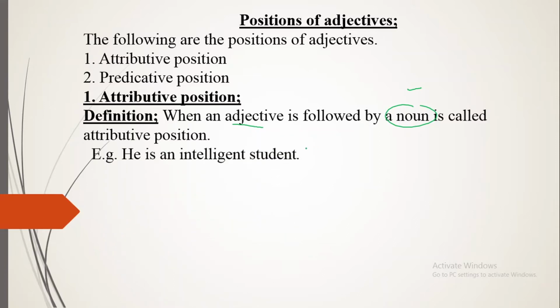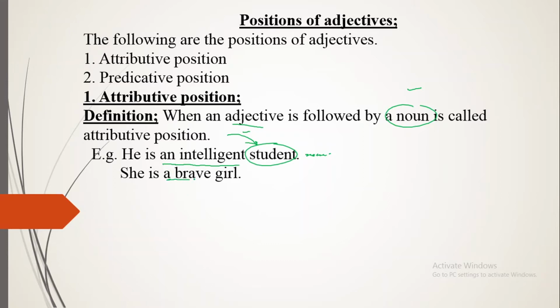For example, I say he is an intelligent student. Over there, intelligent is your adjective and student is your noun. Here intelligent is adding something in the meaning of student and it is followed by a noun. So here it is called attributive position. In the same way, second example, she is a brave girl.